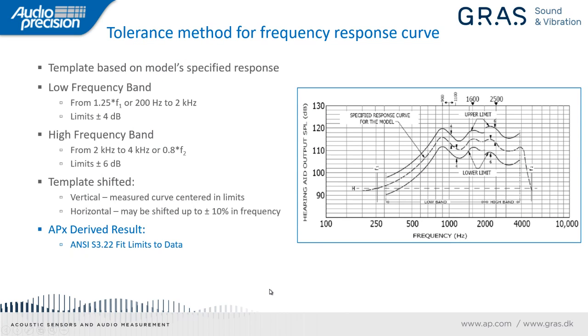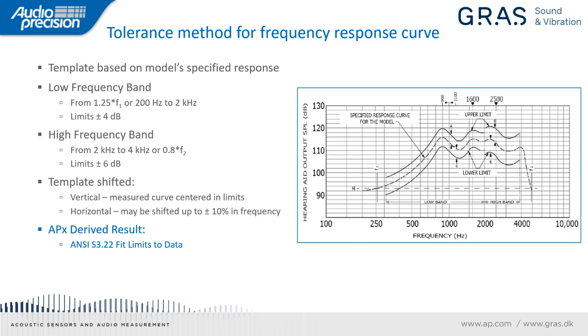Another important measurement as part of this basic frequency response curve is the tolerance method, and this is specified in both the ANSI and the IEC Part 7 standard. So this is based on the response for a model representing the product, and the limits are constructed based on that model.